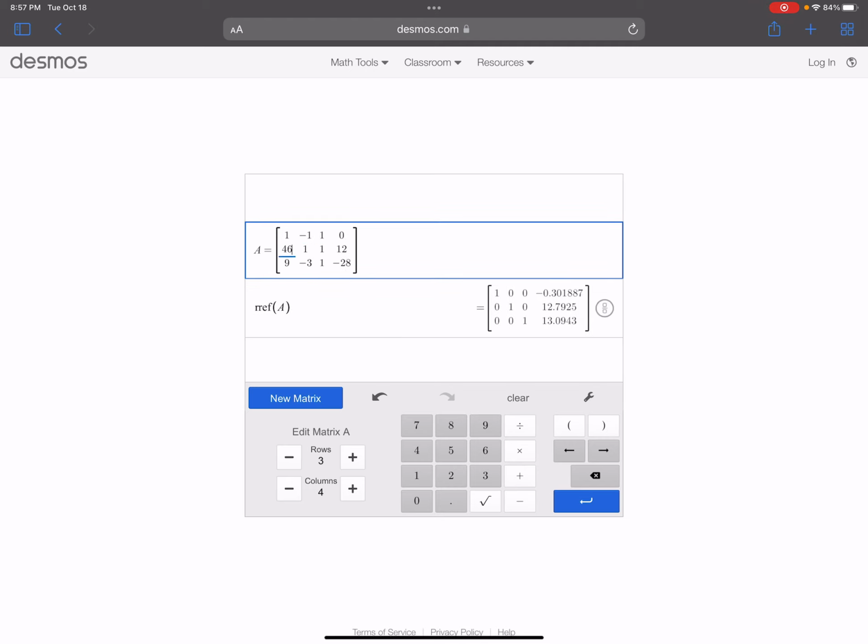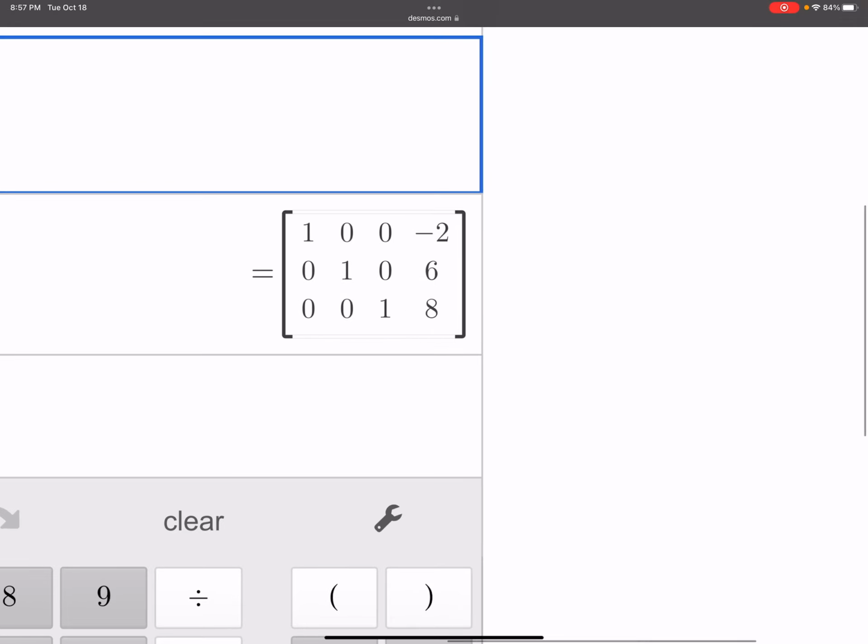The next one was 16, 4, 1, 0. And then the last one was 4, 2, 1, and 12? And hey, there you go. There it is. A equals negative 2, B equals 6, and C equals 8.